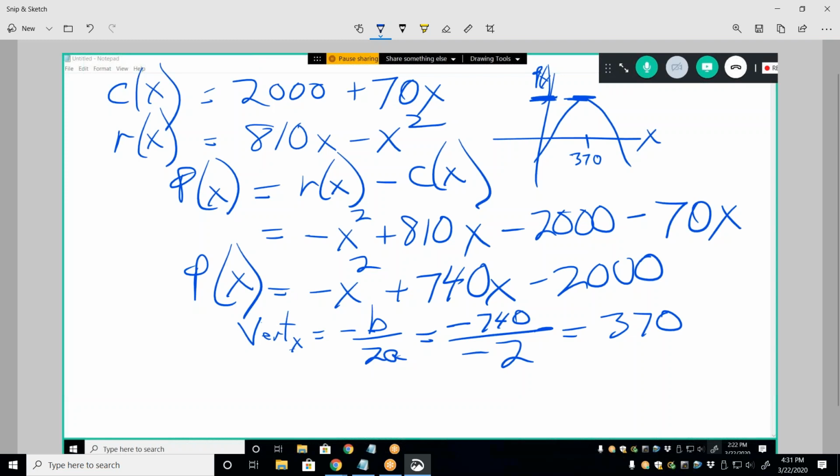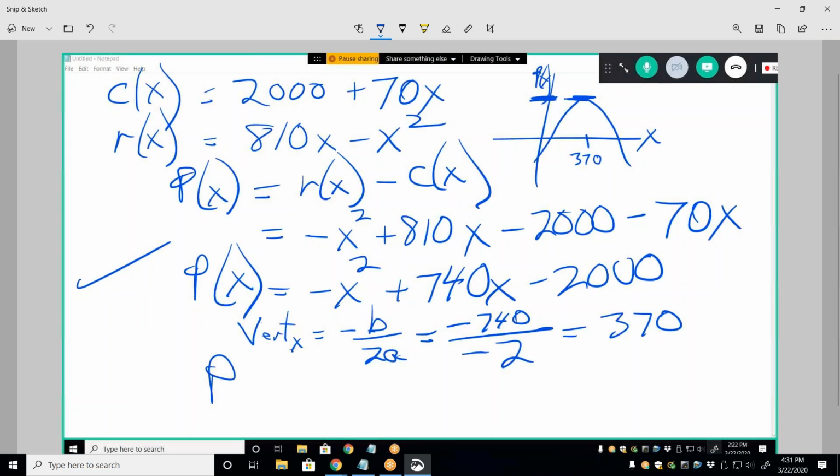How do we get the Y coordinate of the vertex? I'm not sure. Quadratic. Well, we want to plug the X value into that quadratic, and that'll tell us what our profit is.